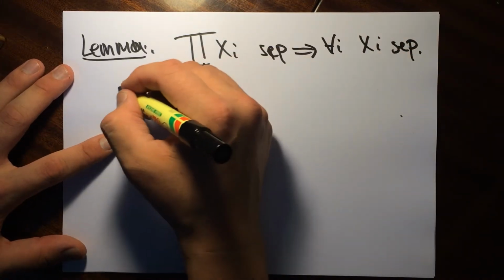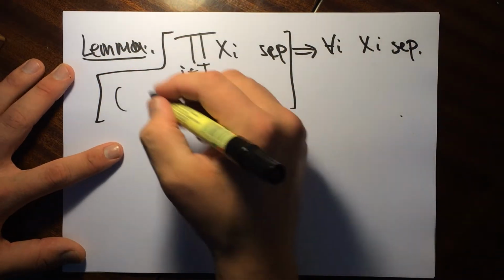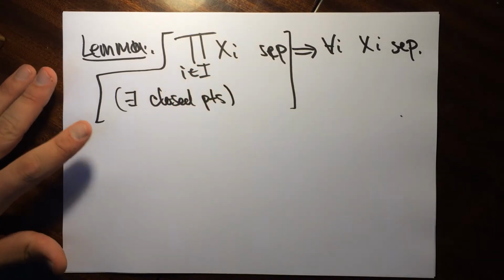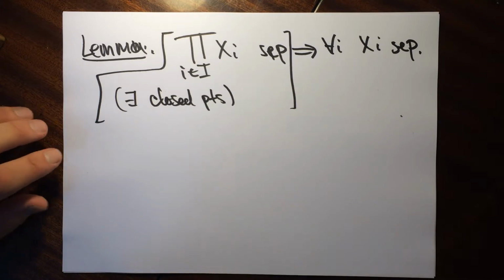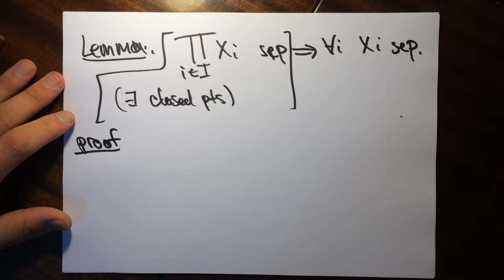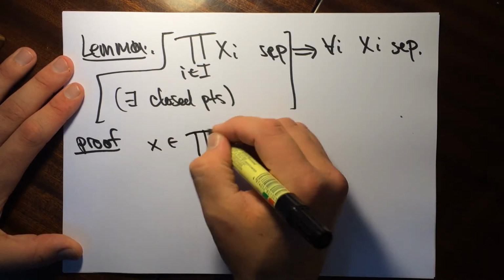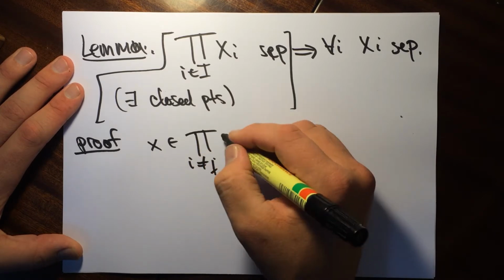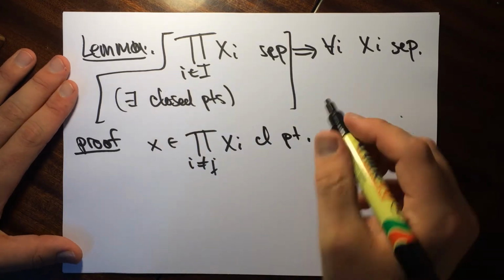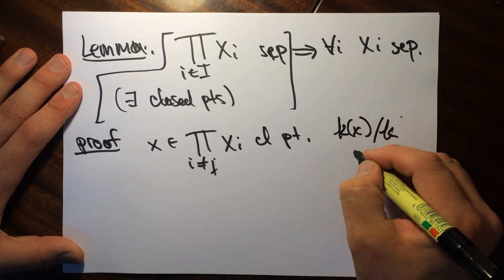We're also going to assume the existence of closed points. I didn't prove that, but this is true. I'm just going to keep it in the hypothesis. Okay, so suppose that xi is a closed point. Then we're going to have this k of x over k. This is going to be a finite extension.